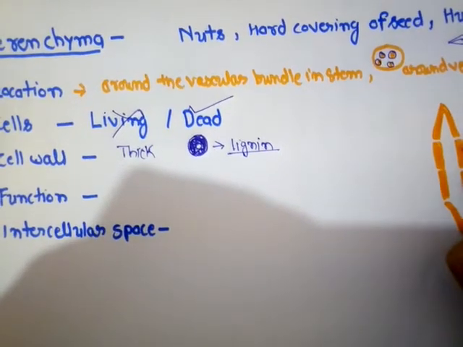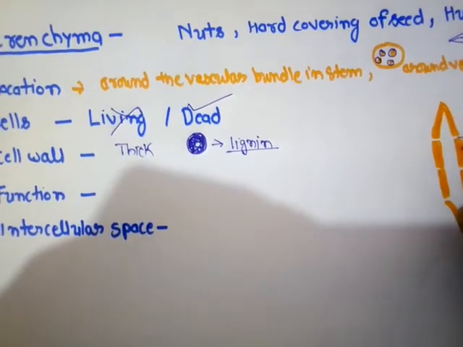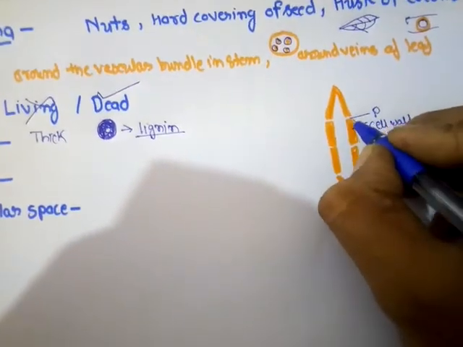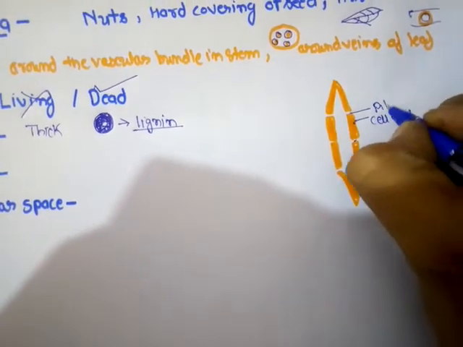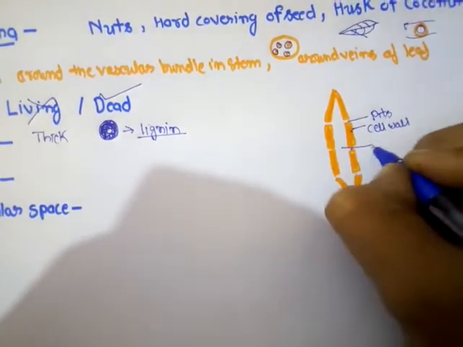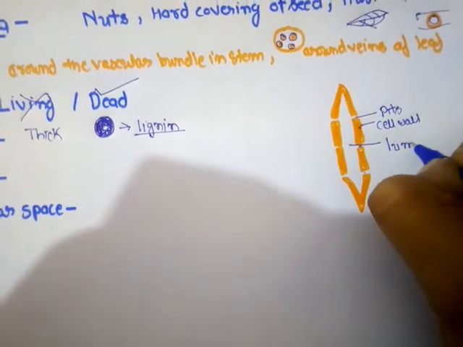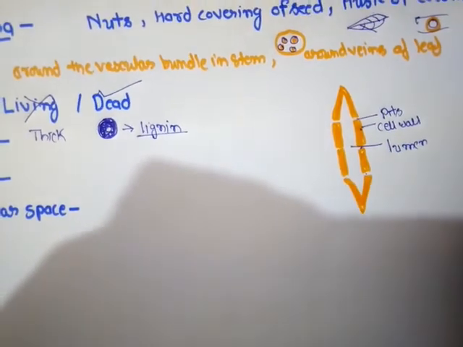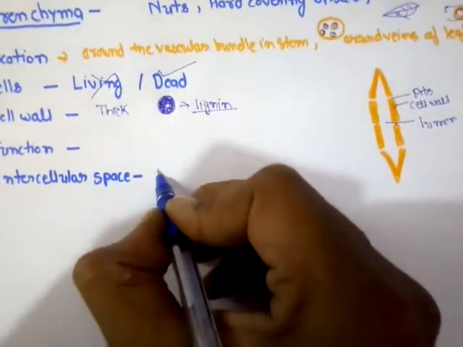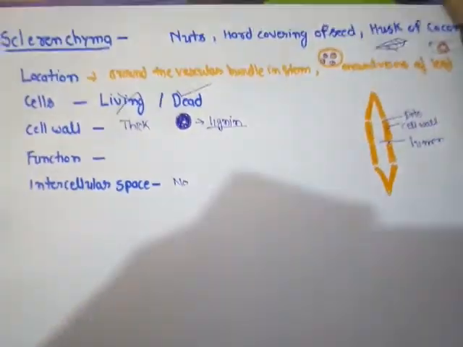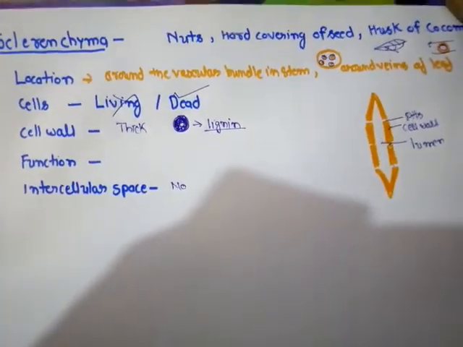There are some places in the cell wall where the lignin is absent. These are the places where the lignin is absent. They are called pits. And you can see the lumen of the cell. That means the cavity of the cell is very small due to the thickening of the cell wall. There is no intercellular space present in between the cells of the sclerenchyma.